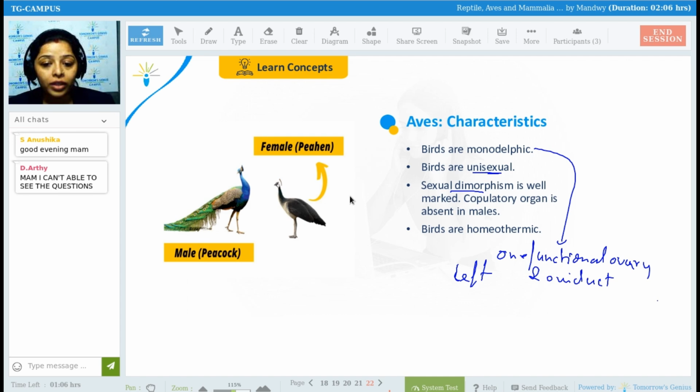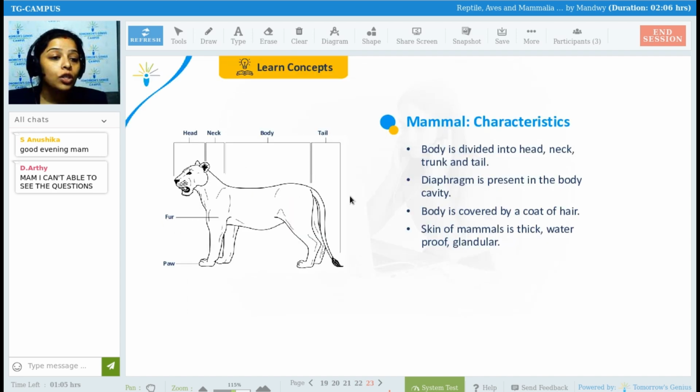Though they are warm-blooded, they are homeothermic or endothermic animals, is it possible to change their internal body temperature as per the climatic change? No. Hence they are homeothermic, meaning throughout their lifespan they maintain a constant body temperature. So this is all about the Aves.